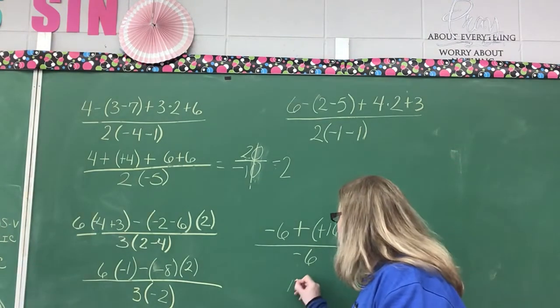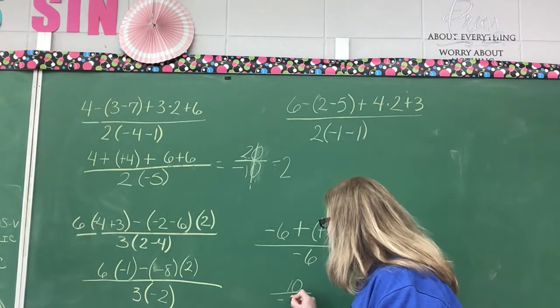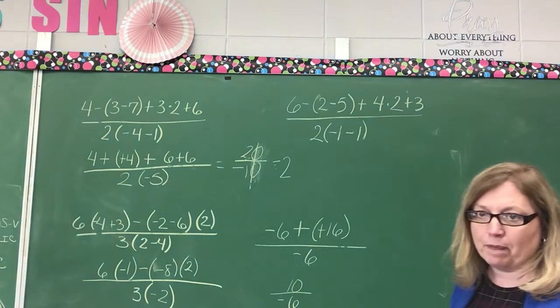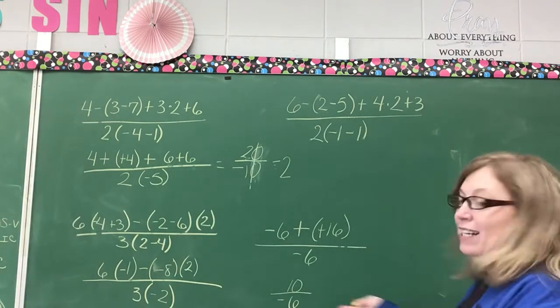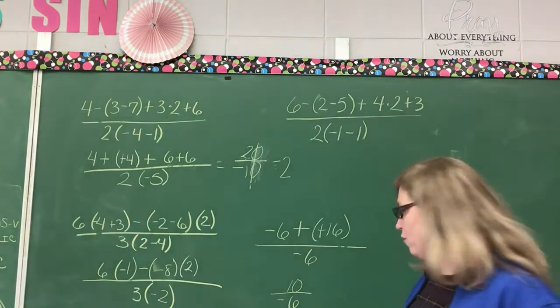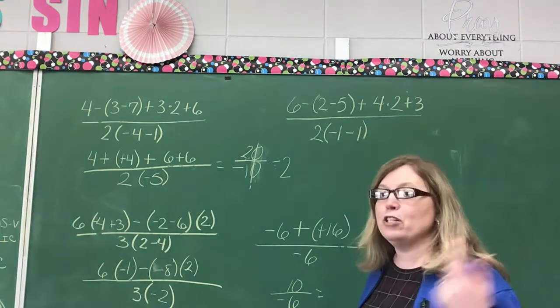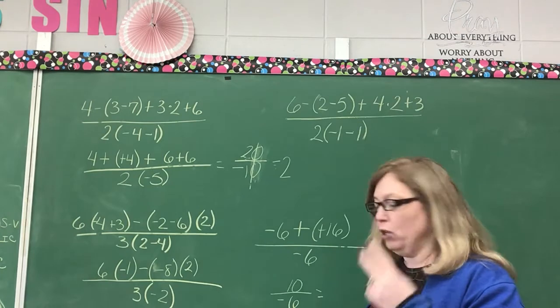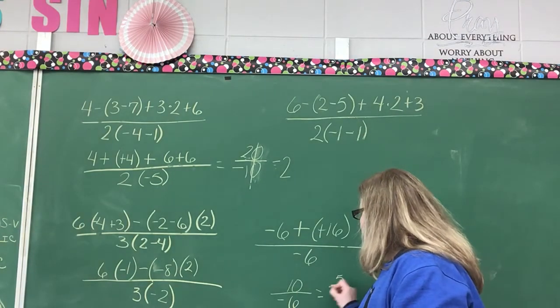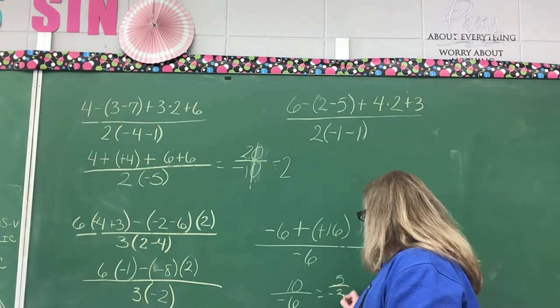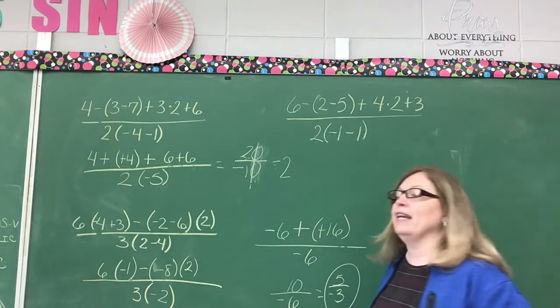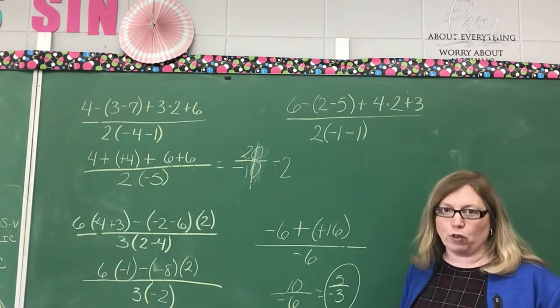Now we have a 10 over negative 6. 10 divided by negative 6. So what do I do? I can't just leave it like that. I have to reduce it. What can I reduce 10 and 6 by? 2. 10 divided by 2 is 5. Negative 6 divided by 2 is a negative 3. My answer is negative 5 over 3.